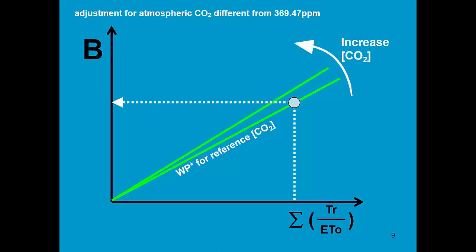When the CO2 concentration increases and becomes above the CO2 concentration for the year 2000, which is 369.47 parts per million, the slope of the line increases and more biomass production can be produced per unit of water transpired.